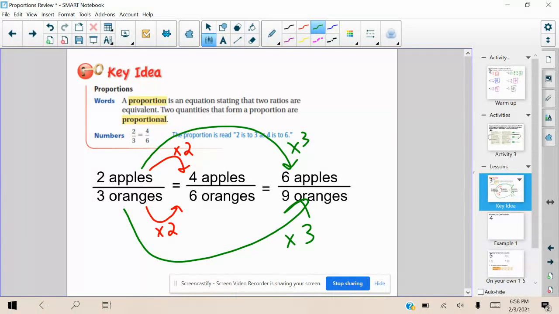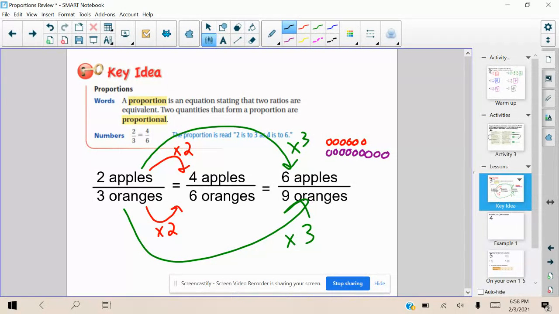If I were to draw this for you, 1, 2, 3, 4, 5, 6 apples, and I unfortunately don't have orange, so I'm just going to have to use purple. Why not? 1, 2, 3, 4, 5, 6, 7, 8, 9. I can group these from a ratio of 2 to 3.